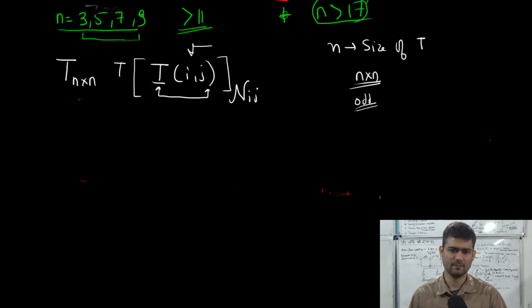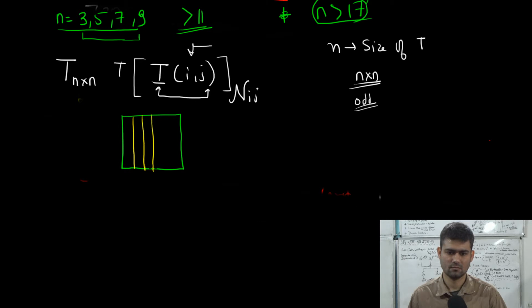For example, assume that we have this image and we want to apply an operator of 3 cross 3 on this pixel over here, then the filter would be centered on this pixel and take the 3 cross 3 neighborhood of the pixel into account.